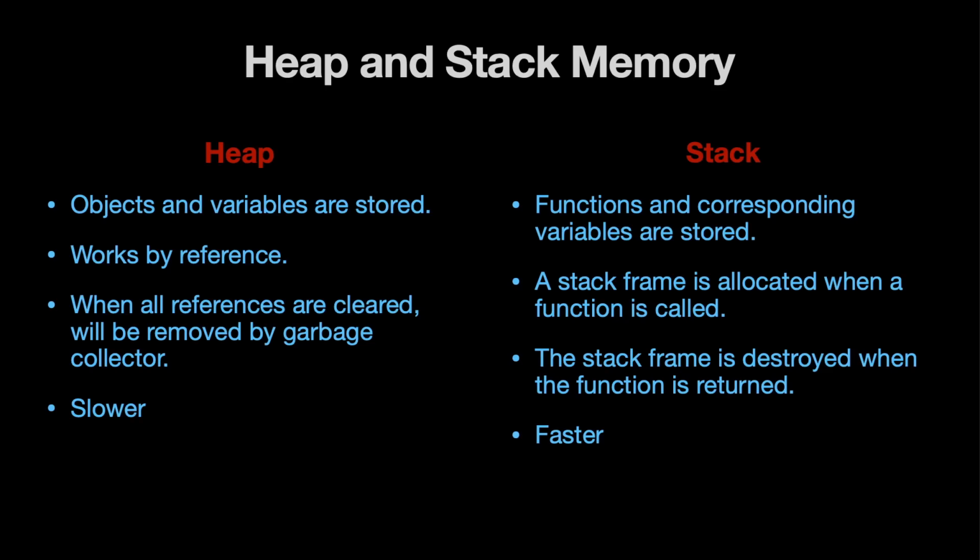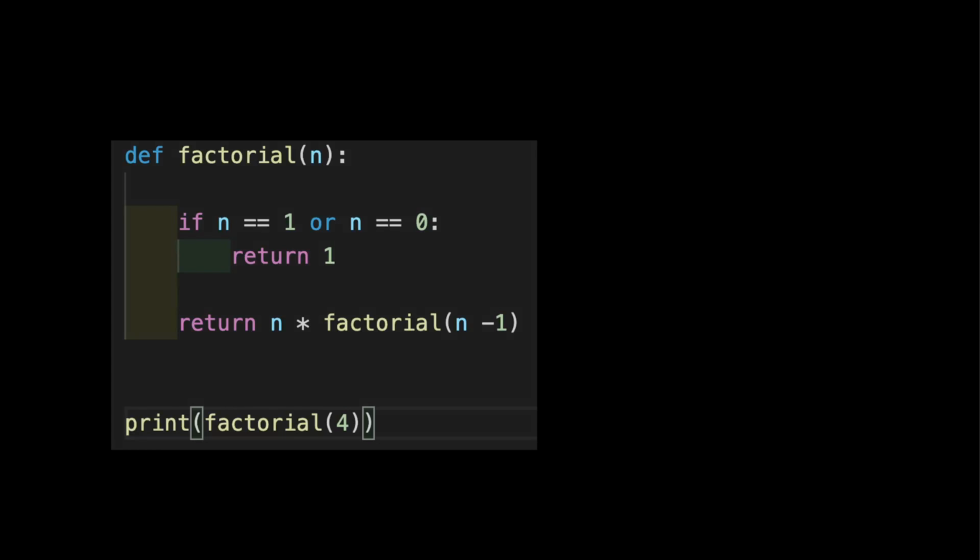Stack is where functions and corresponding variables are stored. Whenever a function call is made, a stack frame is allocated in memory. That stack frame will be removed when the function returns. Stacks are relatively faster. Let us see how our code is handled by Python. This is the function we defined previously.